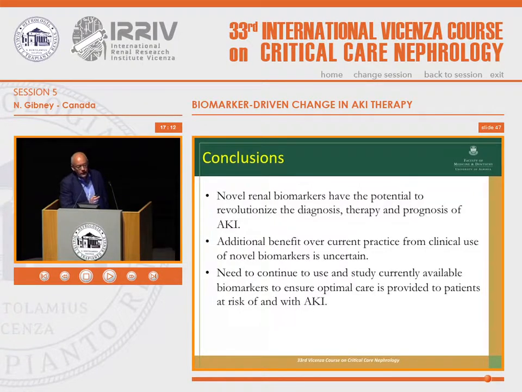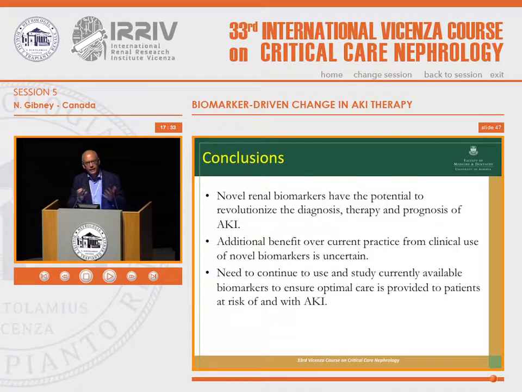So in conclusion, there's no question that the novel renal biomarkers have the potential to revolutionize the diagnosis, therapy, and prognosis of patients with acute kidney injury. And there's no question in my mind that additional benefit over current practice from clinical use of the novel biomarkers is currently uncertain. We're not sure quite how to use them.